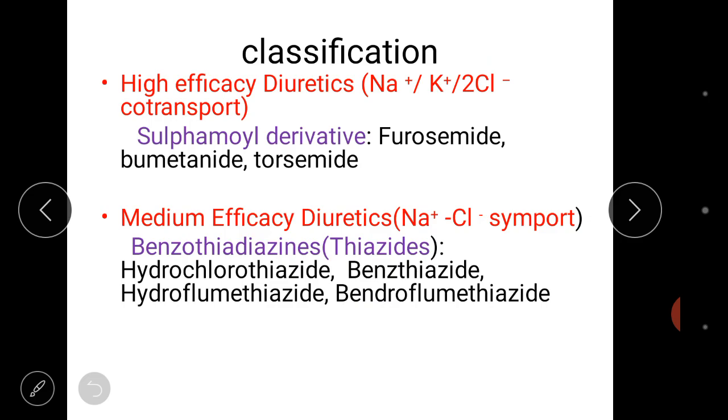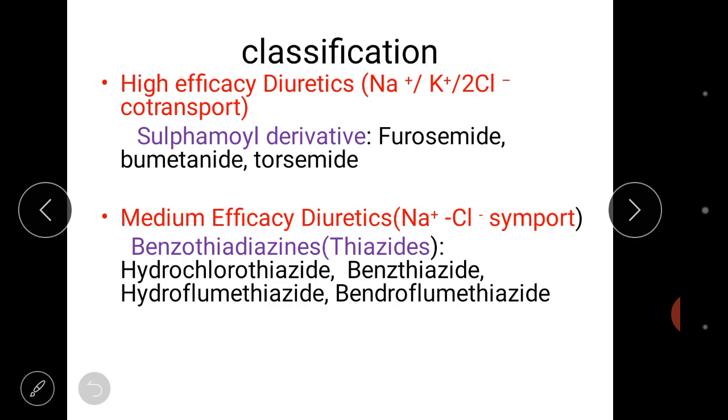we have high efficacy diuretics. These are also called loop diuretics. Their mechanism is sodium, potassium, 2-chloride co-transport inhibition, and in that we have the sulfonamide derivatives furosemide, bumetanide, and torsemide.